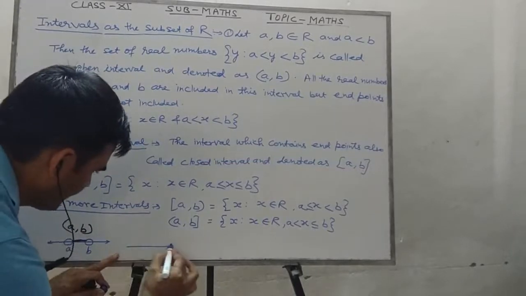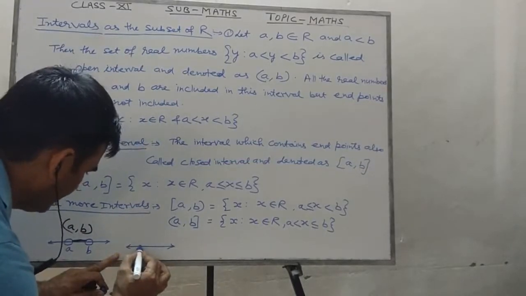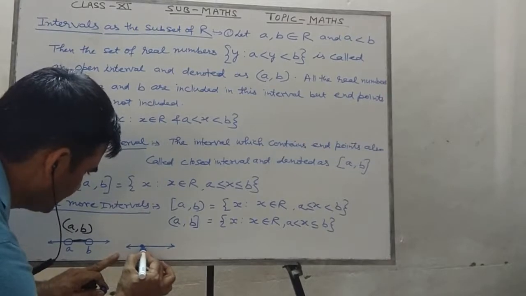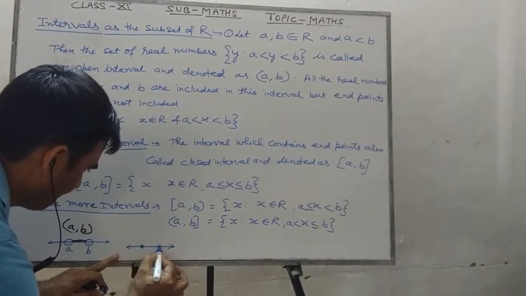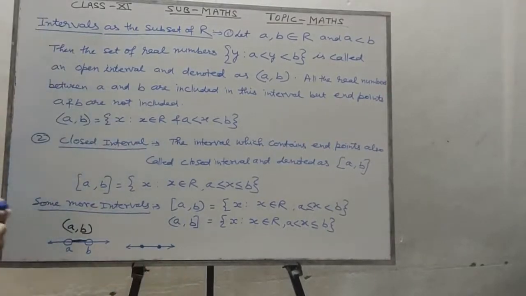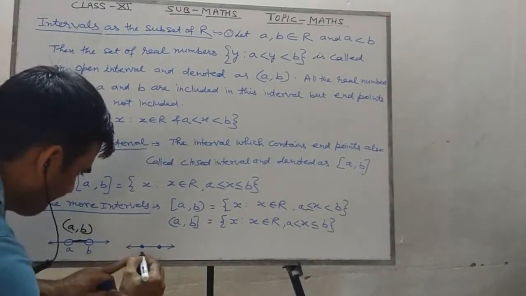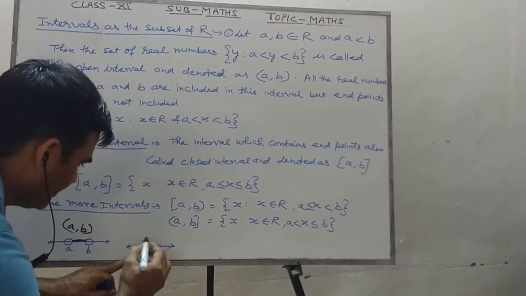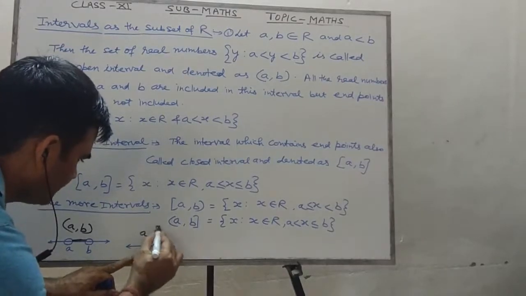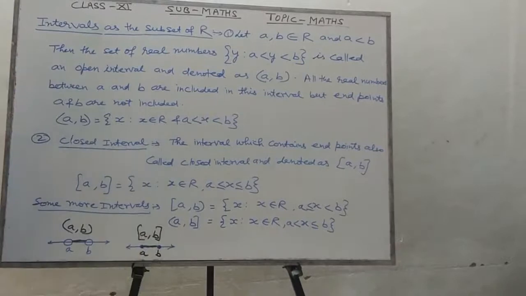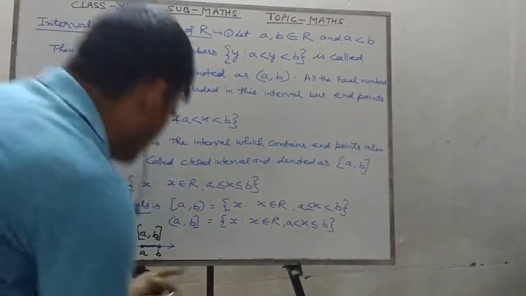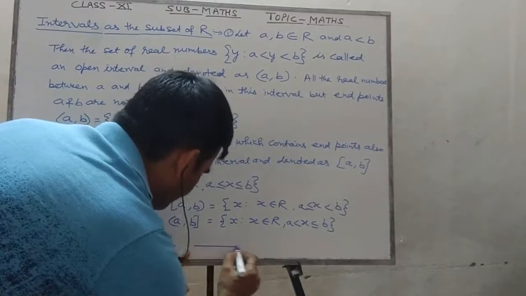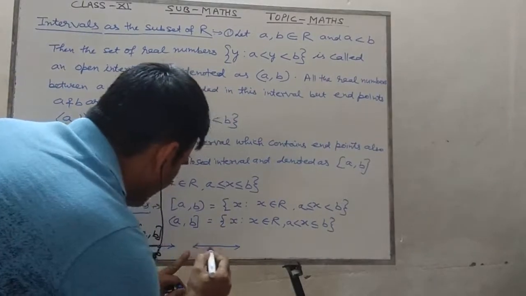Another interval is like this. Here endpoints are included. Let it be a, let it be b. We are taking the real numbers between these two, and this will be denoted by the closed interval. Another interval, closed open, will be like this.